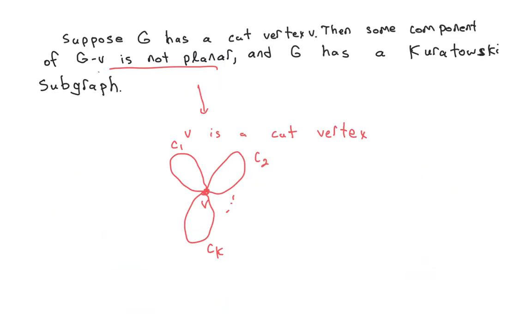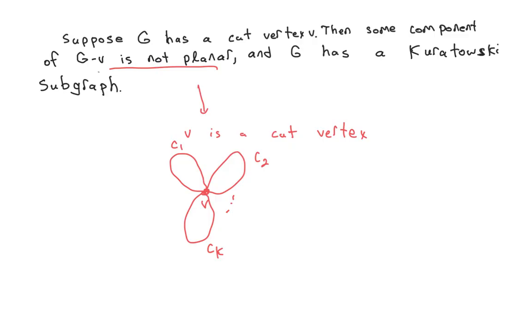So now we're assuming our graph is connected. Let's show that we can reduce to the case of being two connected. So suppose your graph has a cut vertex. Then when you delete that cut vertex, you're going to get a bunch of different components. If all of those components are planar, then you can draw them in different regions.